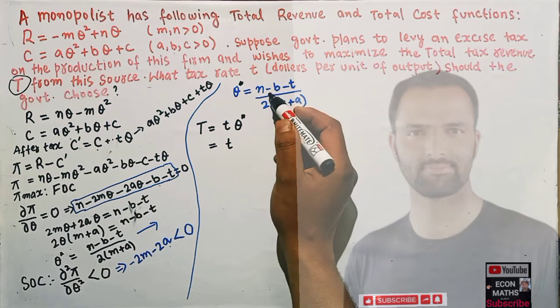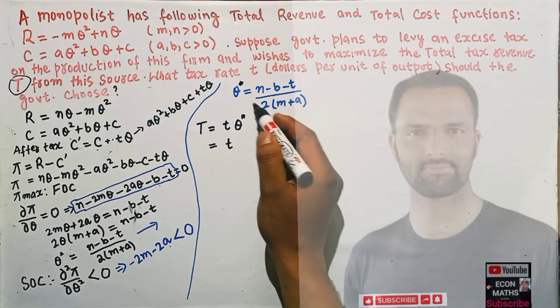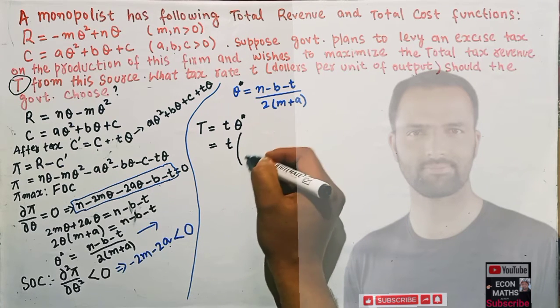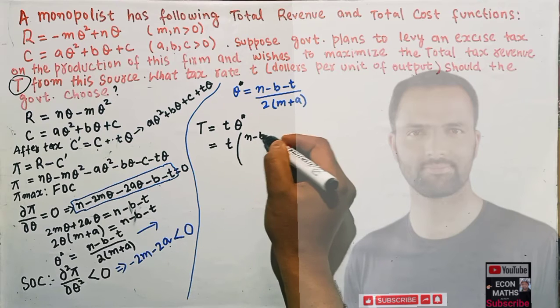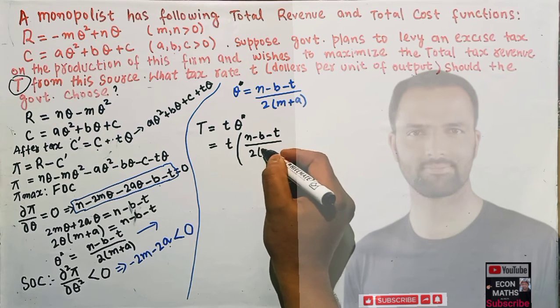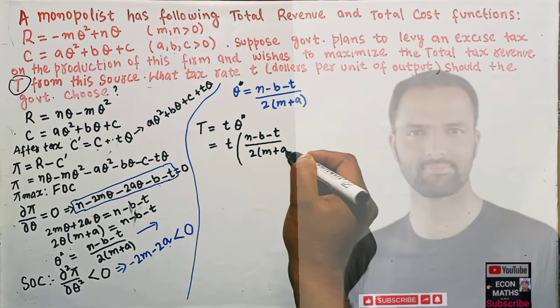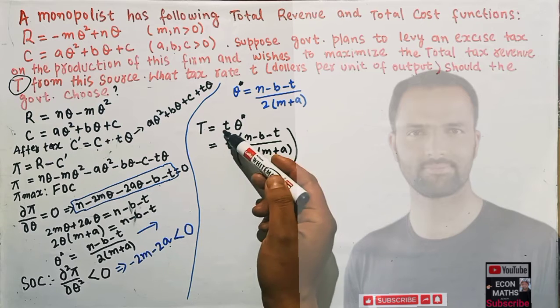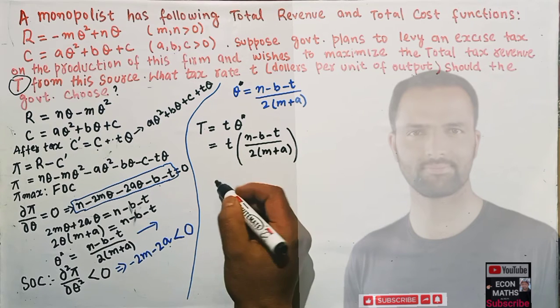What is the profit maximizing output? That is this very function. So let us multiply this by n minus b minus t upon 2m plus a. This will give us the total tax revenue.